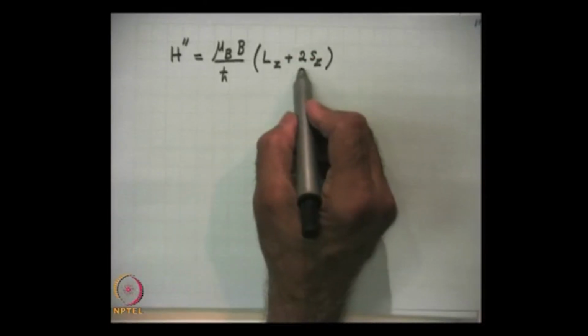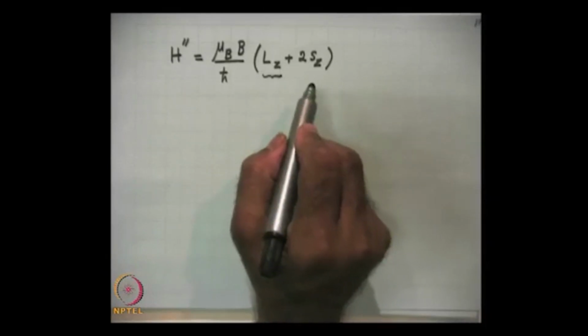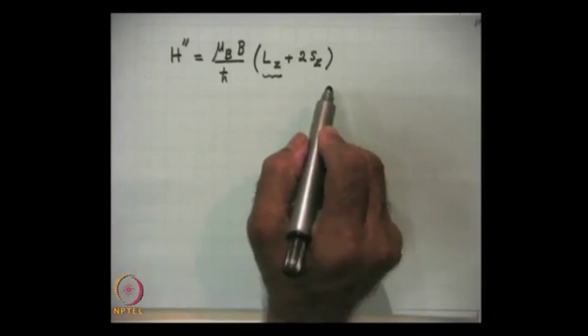Now, this part is due to the orbital motion. Because of the orbital motion, as I had explained earlier, it has a magnetic moment, the orbital magnetic moment, and it interacts with the magnetic field B, which is assumed to be in the z direction. And then because of the intrinsic spin angular momentum of the electron, it has a magnetic moment, and that interacts with the magnetic field, resulting in this term.